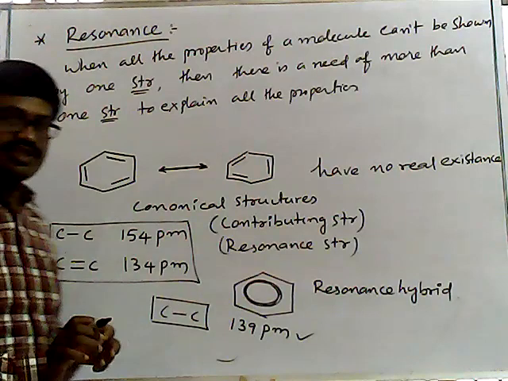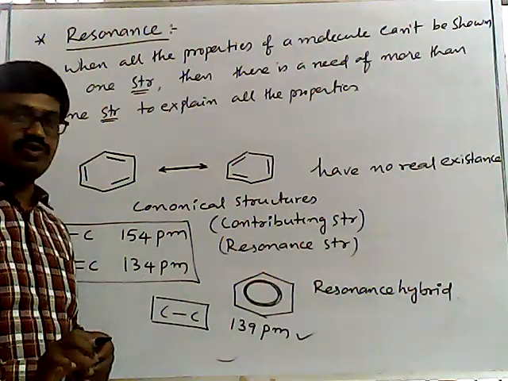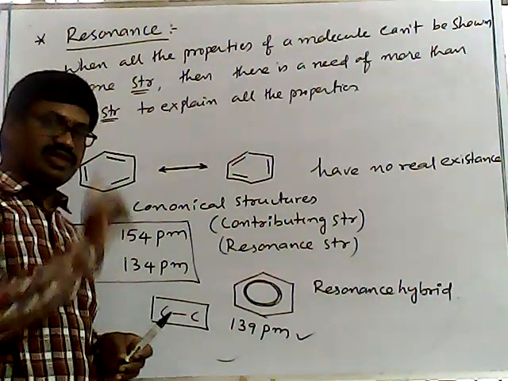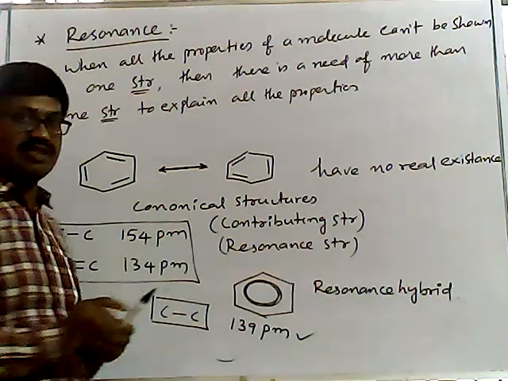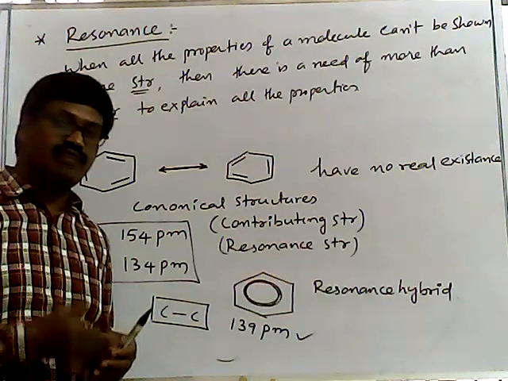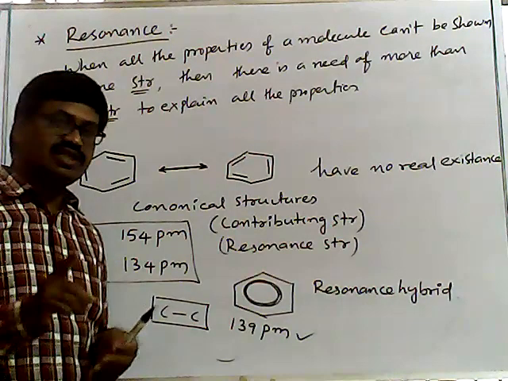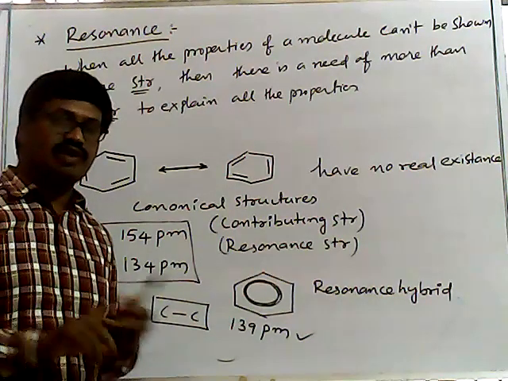What is the resonance term, and why should we take resonance structures or canonical structures? We should know. So one more time I am repeating: the resonance concept or phenomenon is related to more than one structure. Why is there a need to write more than one Lewis dot structure? Because by using one structure it is not possible to explain all the properties.